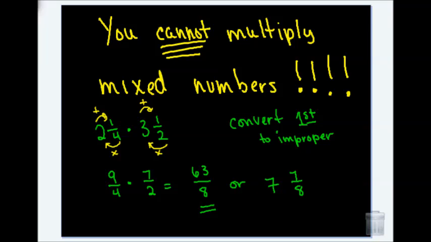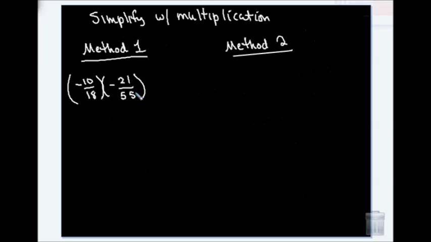Method 1. Okay, first, fractions follow the same rules of positives and negatives as integers. So a negative times a negative is going to be positive. So I'm going to multiply 10 times 21, so I'm going to get 210. And I'm going to multiply 18 times 55.